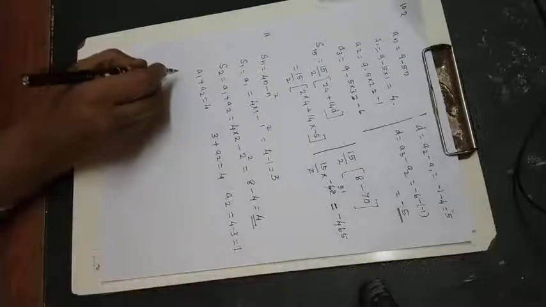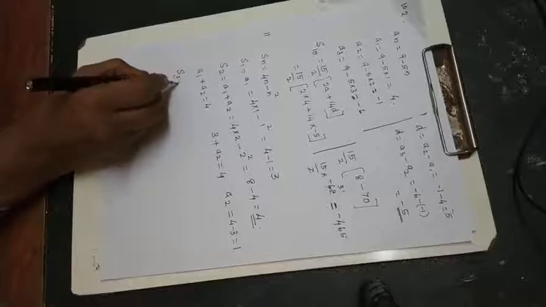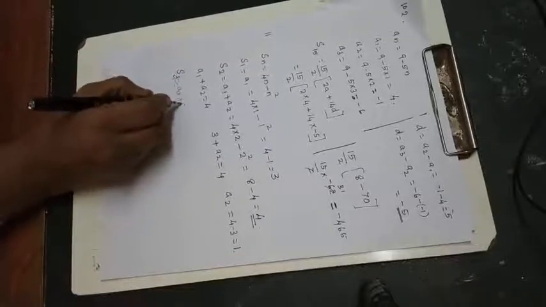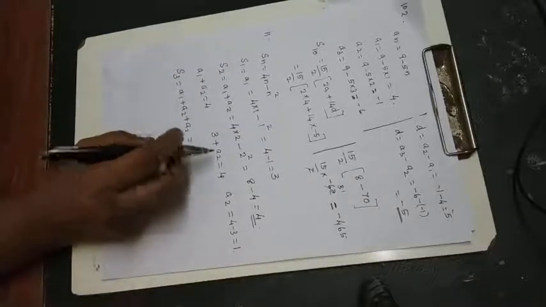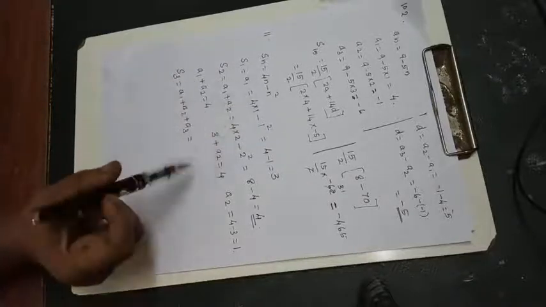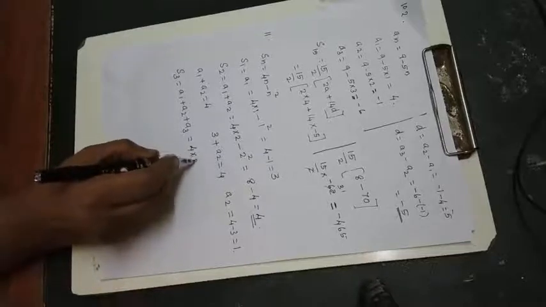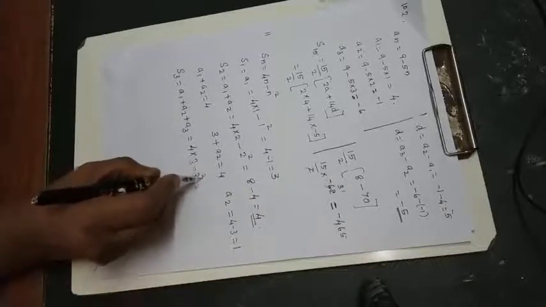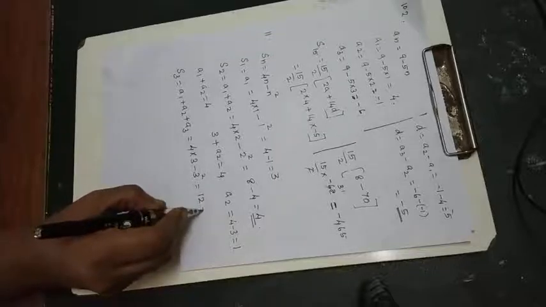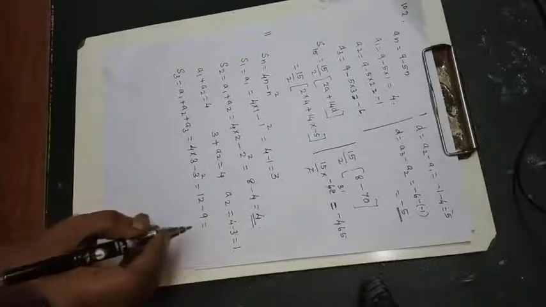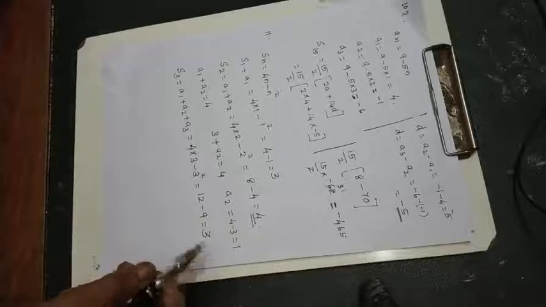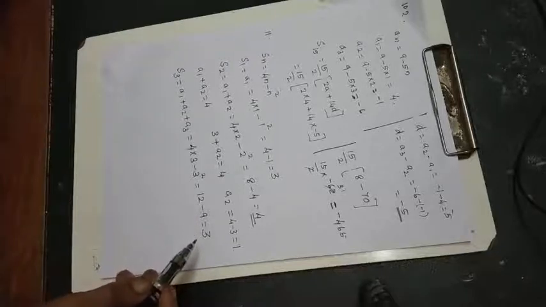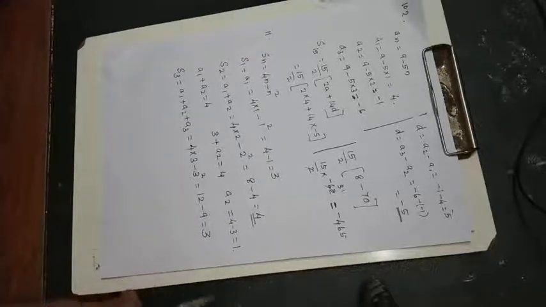So third term, how will you get? S3 you have to find out. What is S3? A1 plus A2 plus A3. Now that is equal to, put the value of n as 3 there: 4 into 3 minus 3 square. 4 3s are 12. 3 square is 9. 12 minus 9, that is equal to 3.